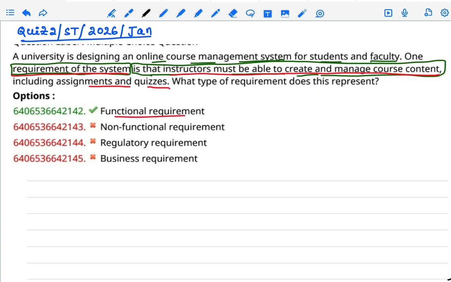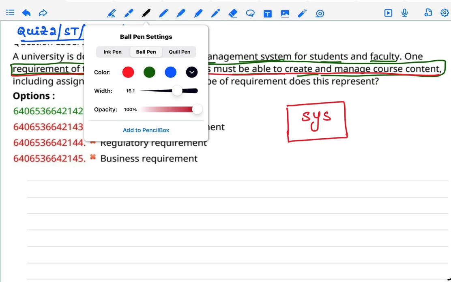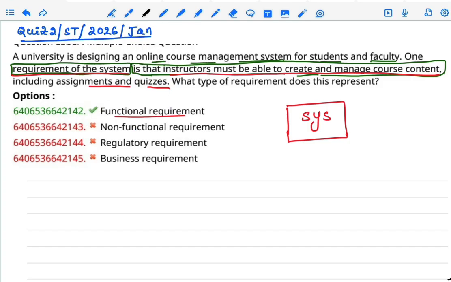So friends, in this question they give a system, right? Any system. Here they consider the system with online course management. What should this system do? The system must be able to create, right?